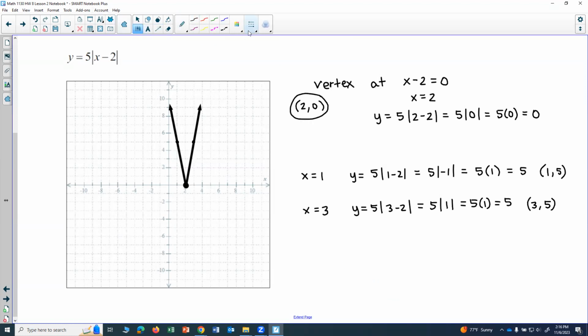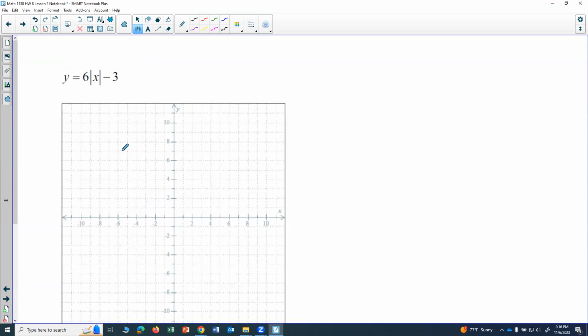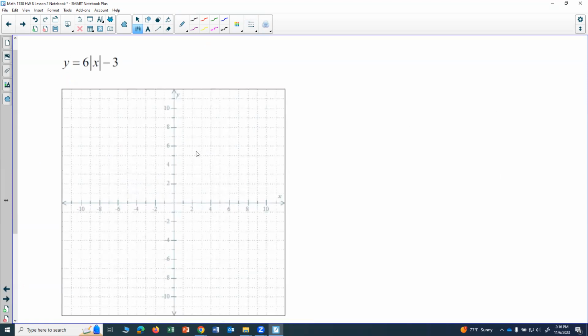Okay, let me go ahead and do another example. We have y equals 6 absolute value of x, and then minus 3 outside of the absolute value sign. So just like before, the first thing I want to do is find the vertex.